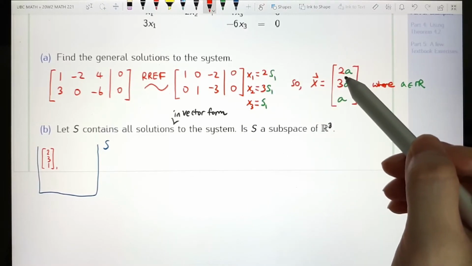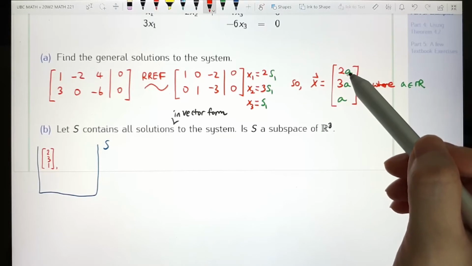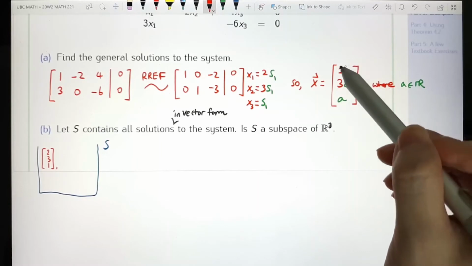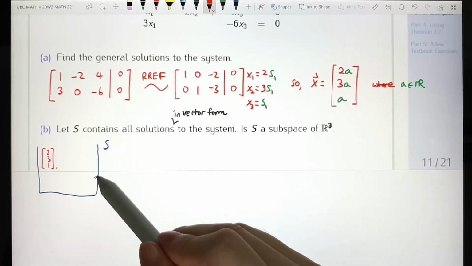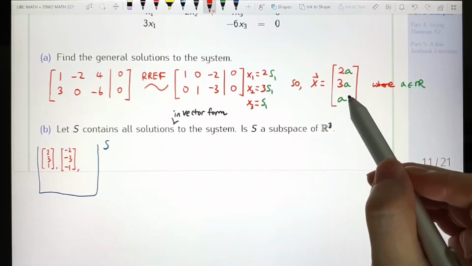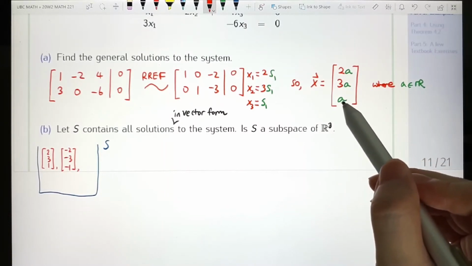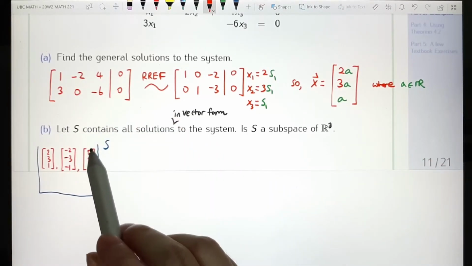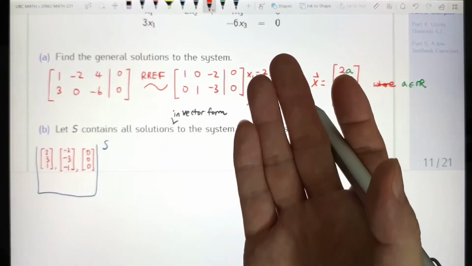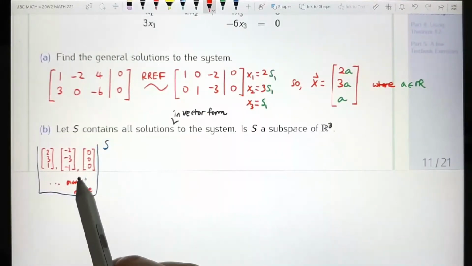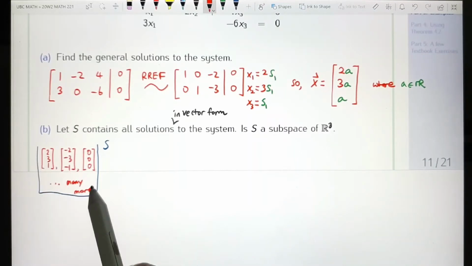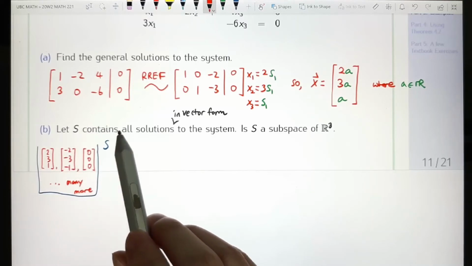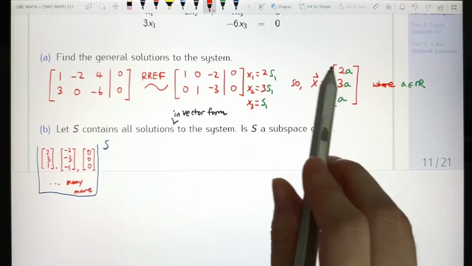Similarly, if you choose A to be -1, then surely the vector -2, -3, -1 is in the box. And the simplest choice is, if you choose A to be 0, then this vector 0, 0, 0 is in the box. Do you understand the concept here? And there are many more vectors living in this box. Do you now understand what's going on with S containing all vectors of the solutions?